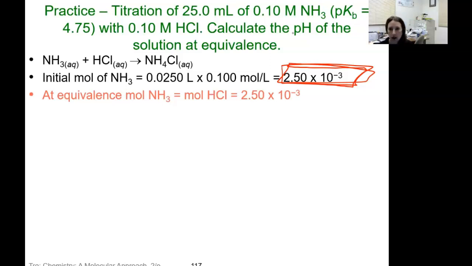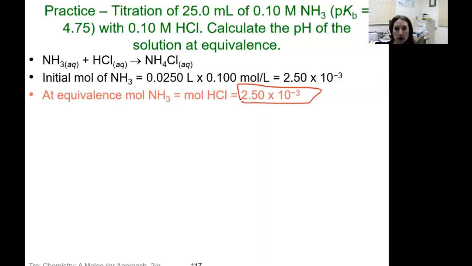Okay, so now if we want to know, hold on, sorry. So if we want to do this, how much HCl did we add? So if we have 2.50 times 10 to the minus 3 moles of HCl, how much HCl is that?